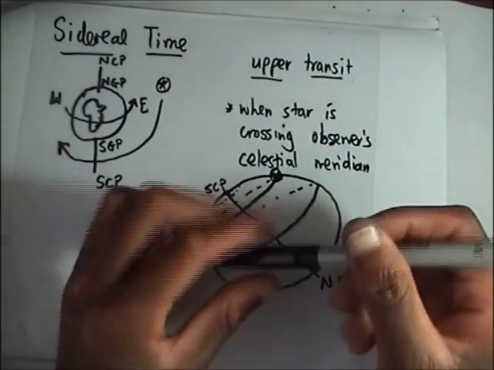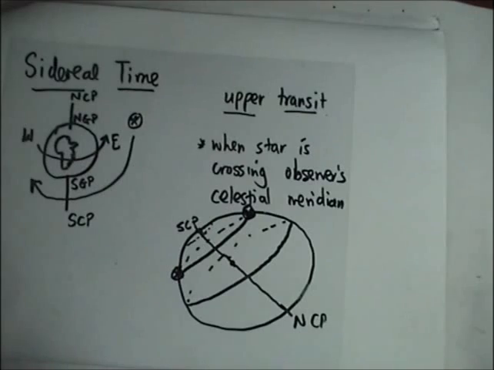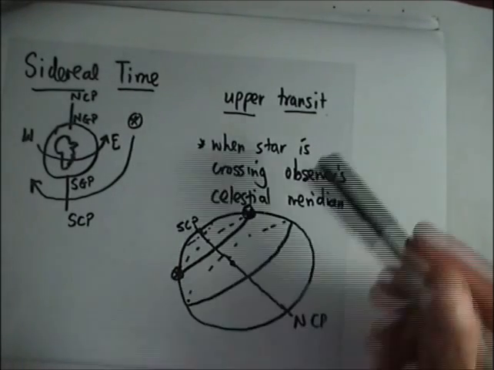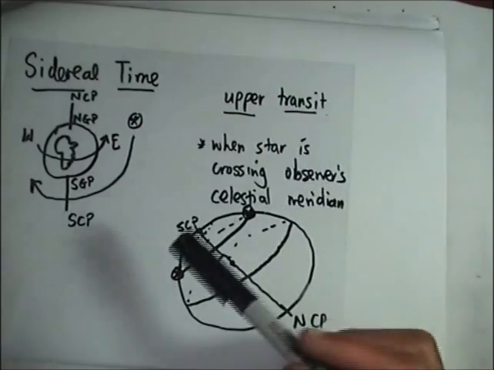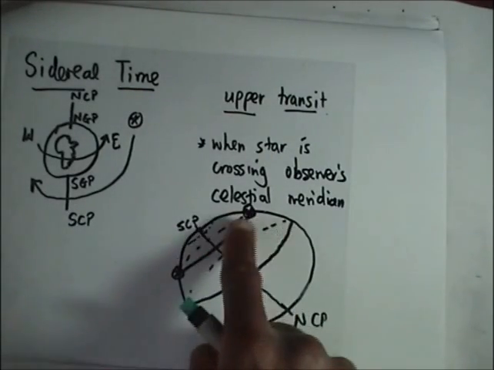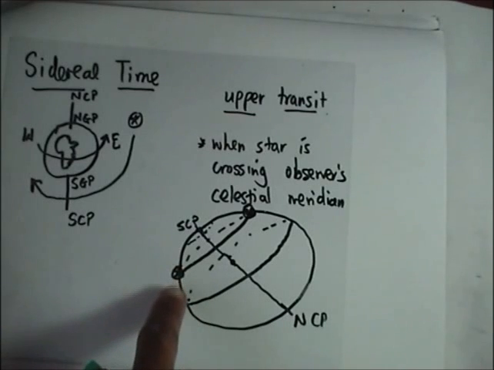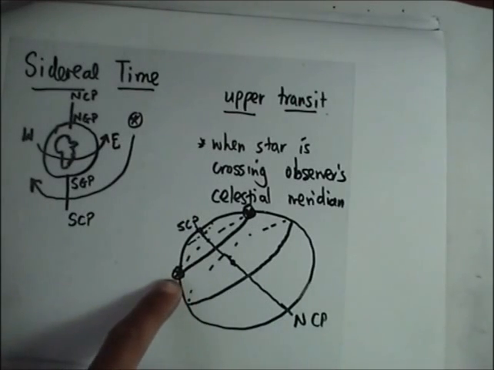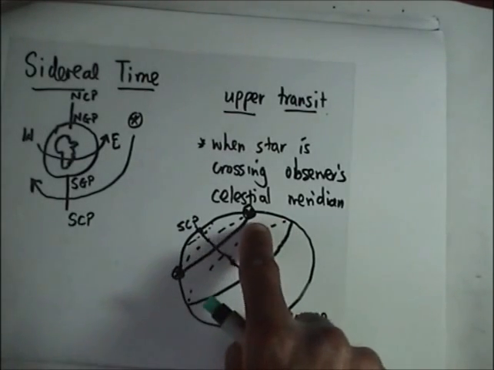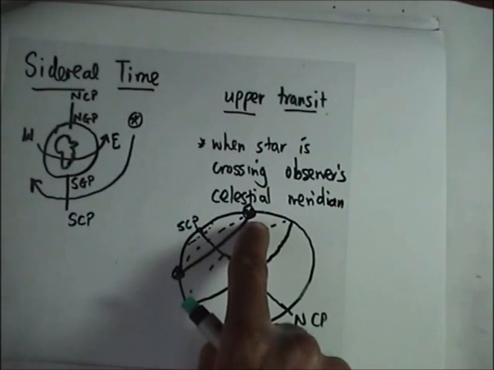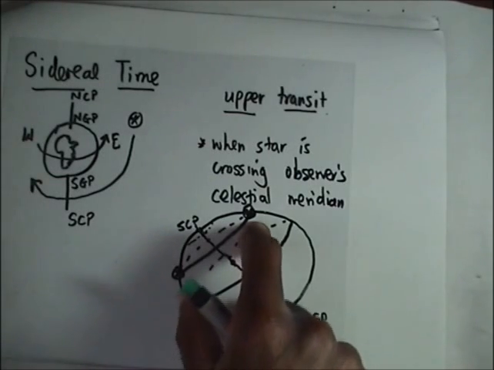Transit means something is passing something, and in this case it refers to the observer celestial meridian. So we have two transits, one at this point and one at that point, and now we decide which one is the upper transit.